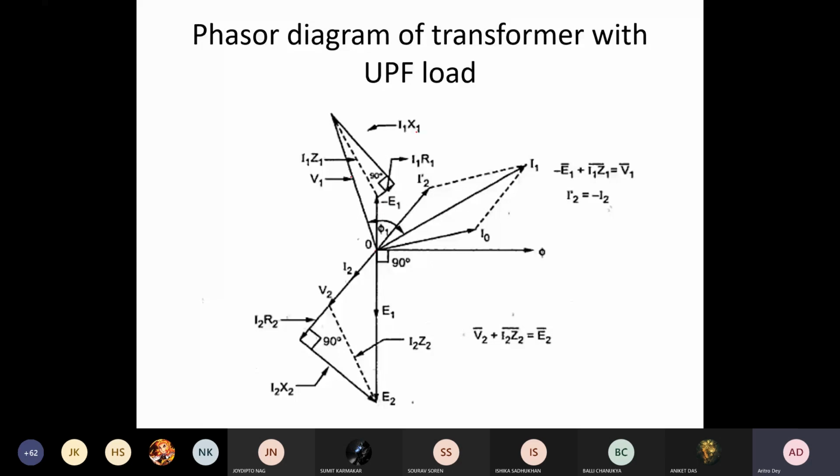So whenever we start, we should start like this. This is your phi as it is shown. Then this is your E1. This is your minus E1.